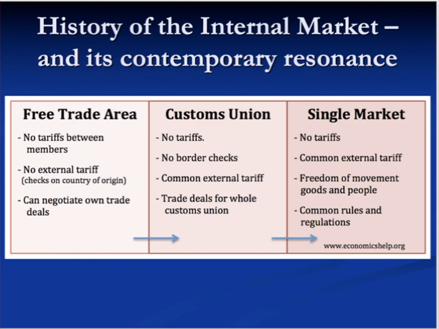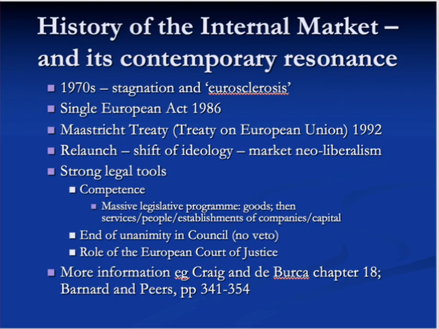And of course, by this time, the EEC has expanded in size in terms of its numbers of member states as well. So it is a big economic space that we're talking about, and by now it's an even bigger economic space. So through the 1970s, we had a decade of stagnation, what's known as Eurosclerosis.